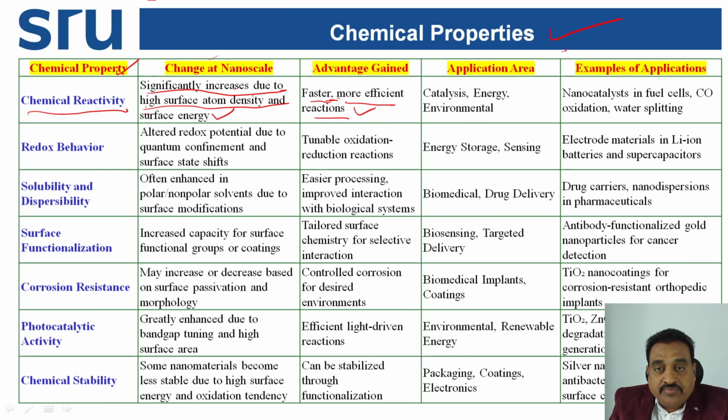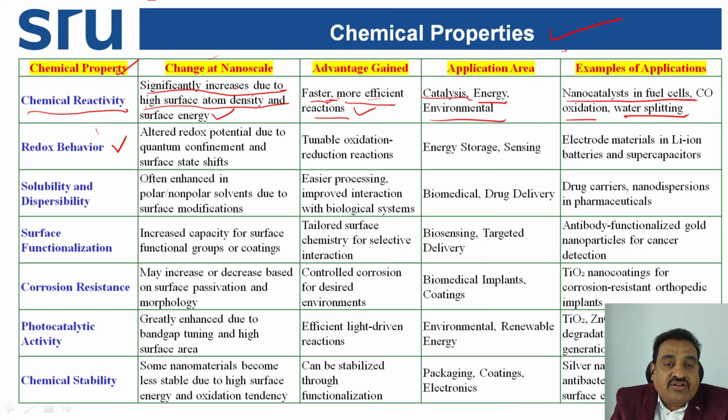It gives the perfect reactions. The application of chemical reactivity is catalysis, energy, environmental. What are the examples? Nanocatalyst in fuel cells, carbon monoxide oxidation, water splitting.